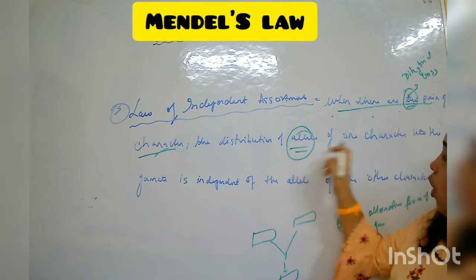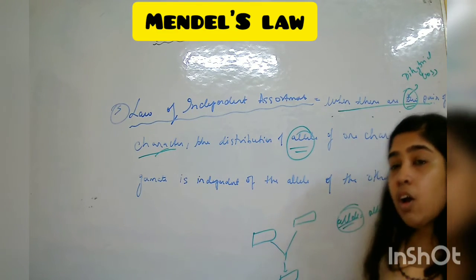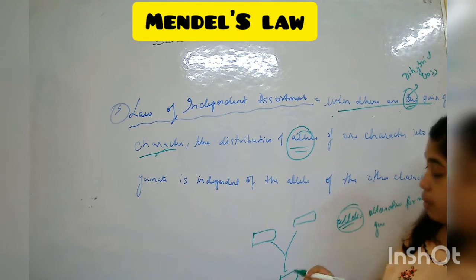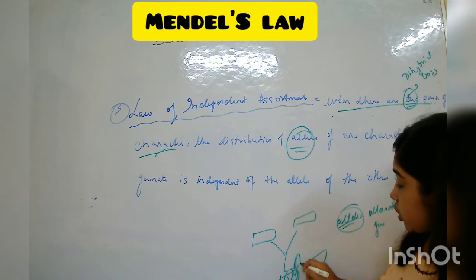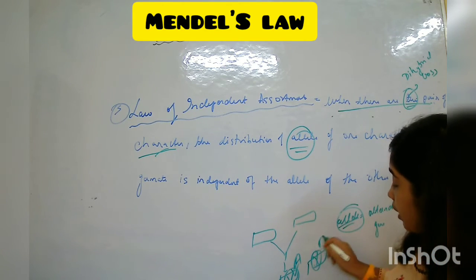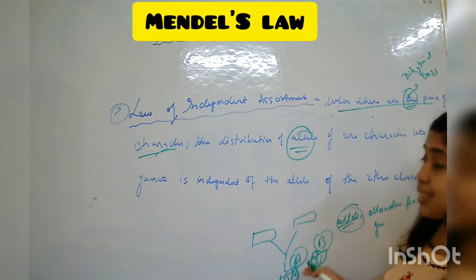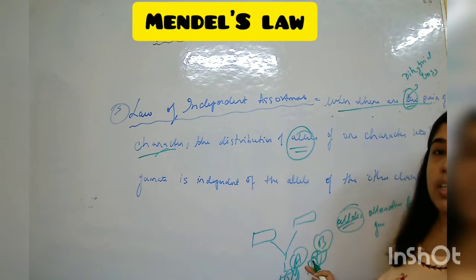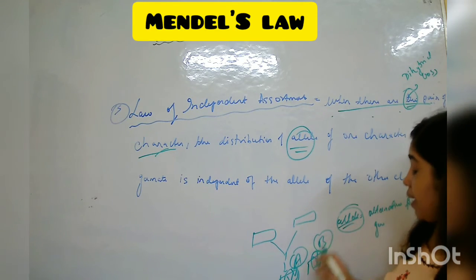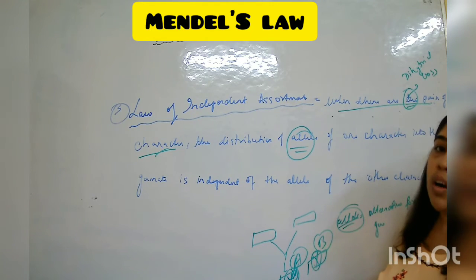The allele of one character will be completely independent of that of the other. Just remember, there will be two separate alleles. Whatever A is doing, B is not. Allele of A and allele of B are completely different. It is independently assorted. So allele of A, whatever happens, B is not into it.